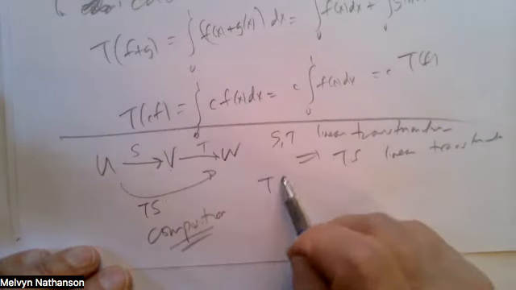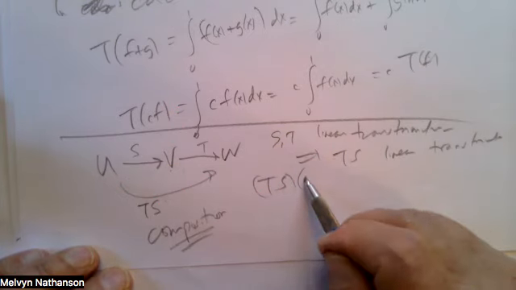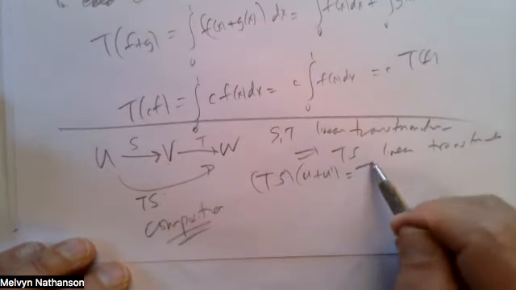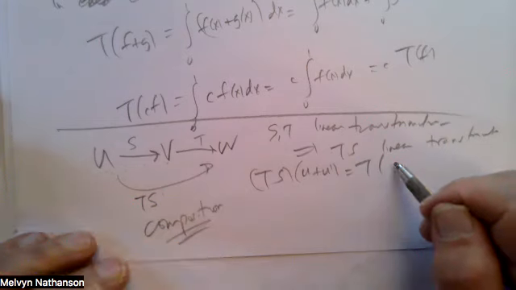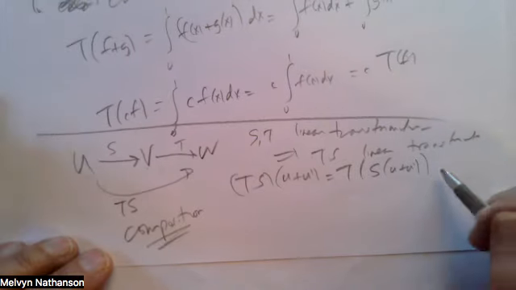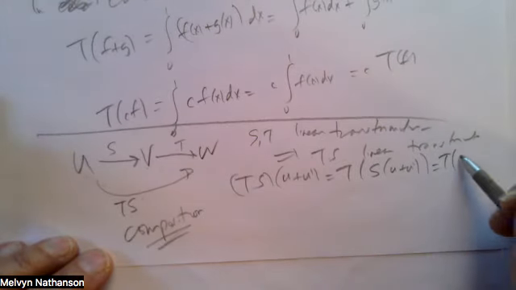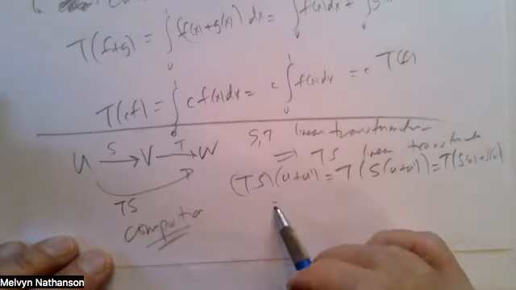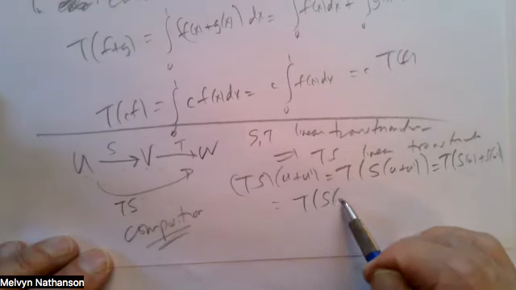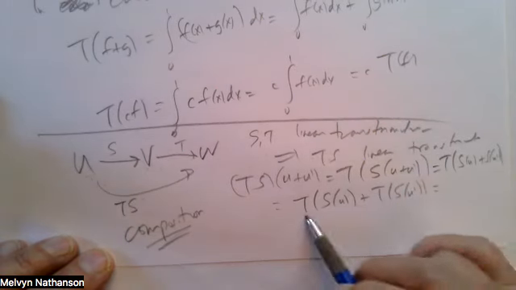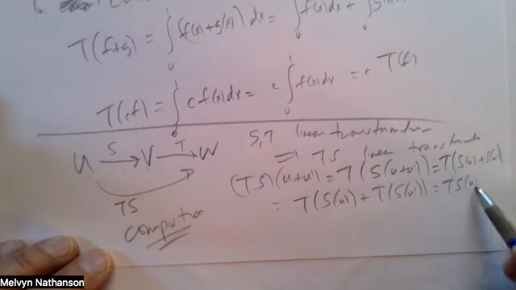Well, TS applied to the sum of two vectors, U plus U prime, where U and U prime are in U. This is, by the definition of composition, T of S of U plus U prime, which is T of, since S is linear, S of U plus S of U prime. But T is linear, so this is T of S of U plus T of S of U prime. This is TS of U, and this is TS of U prime.